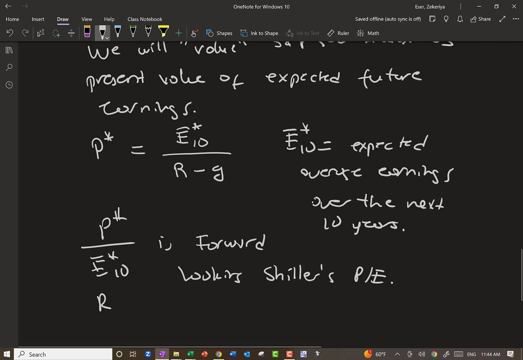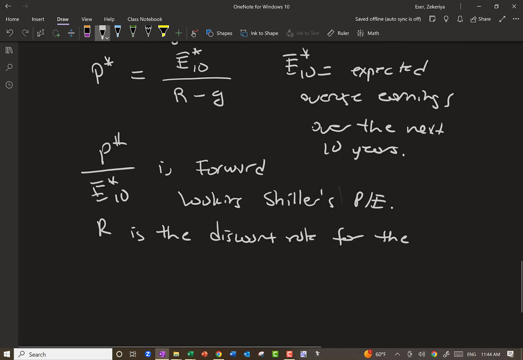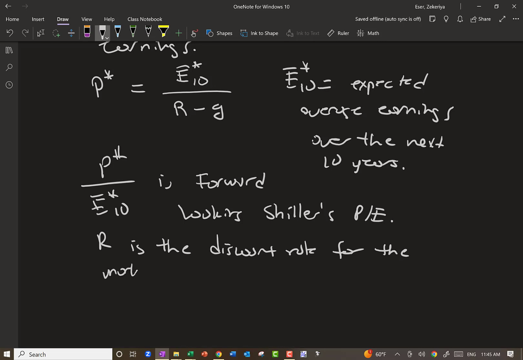Here R is the discount rate for the market, and G is the expected long-term growth rate.